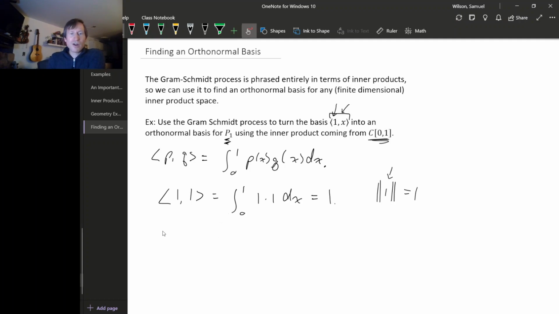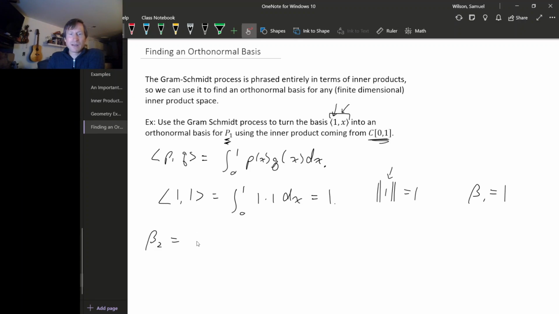Okay, so for our second basis element for the orthonormal basis that we're producing, the first basis element is the polynomial 1.